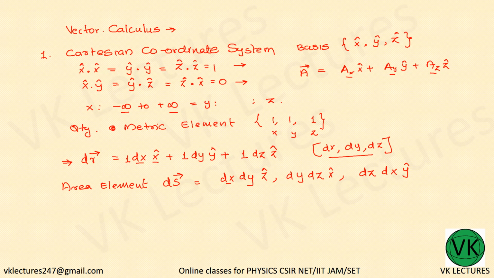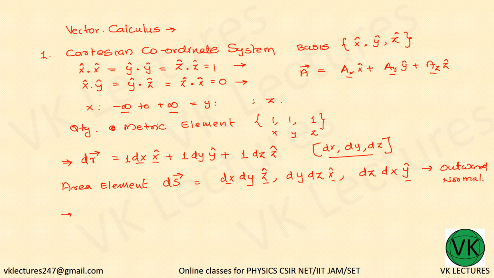So these are the small area elements in the Cartesian coordinate system, and the directions z cap, x cap and y cap will always be outward, and obviously they will be normal.